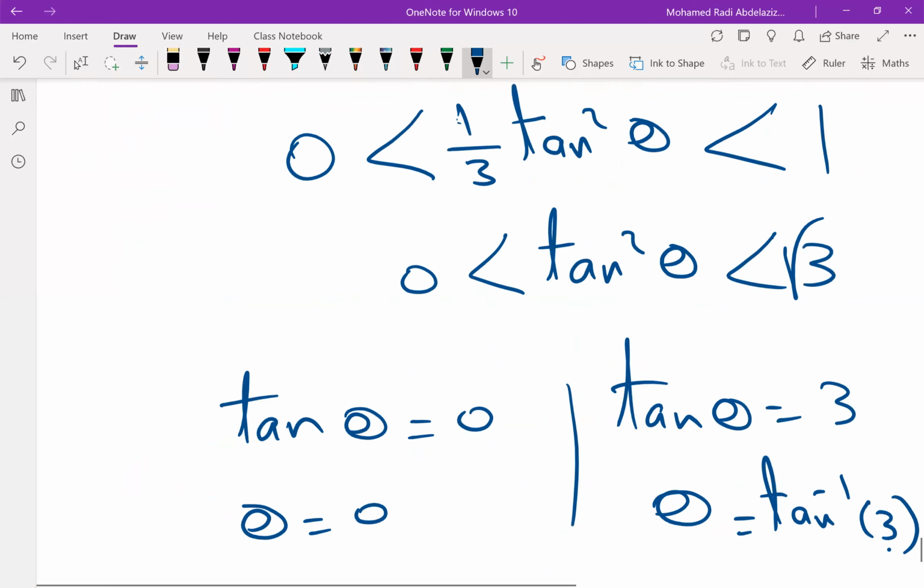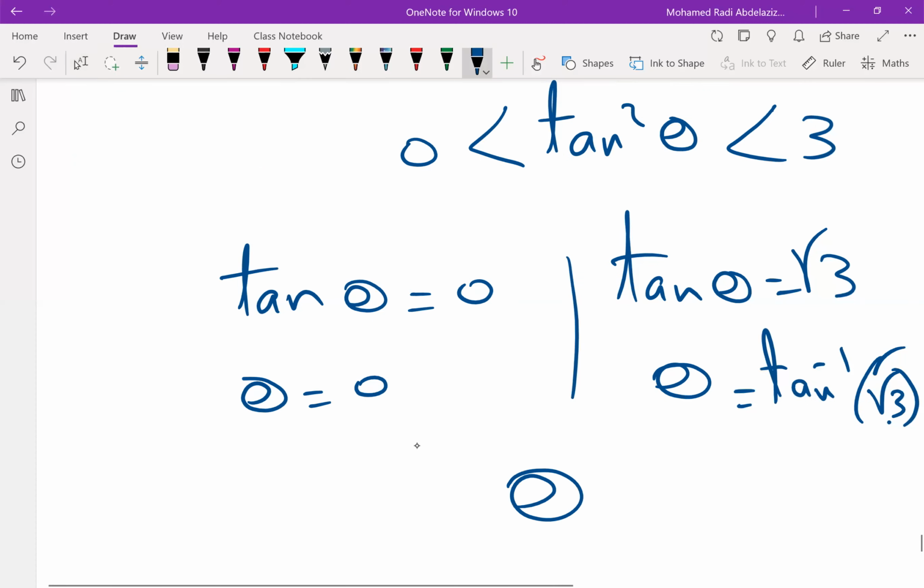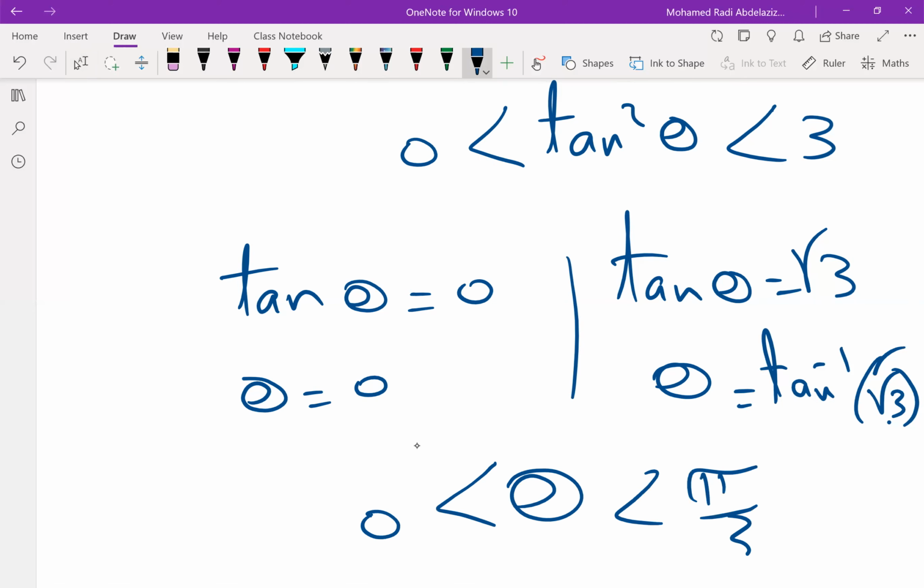Sorry, root 3, this is after taking the square root. Shift tan of root 3 gives the exact value of theta as pi over 3. So the final answer is theta between 0 and pi over 3. This is the range of theta for the progression to be convergent.